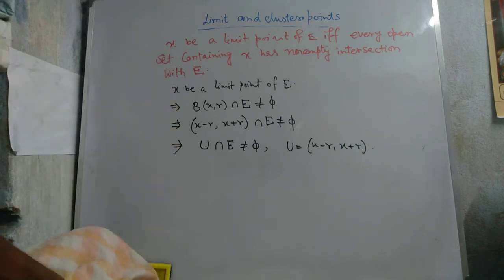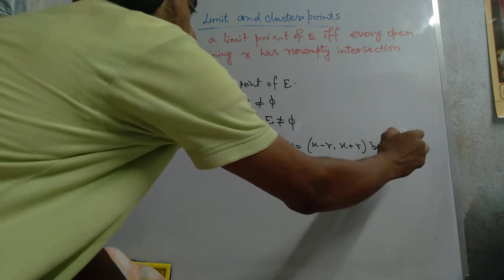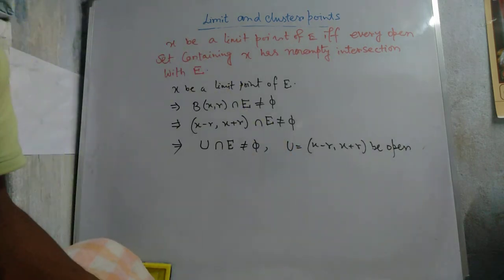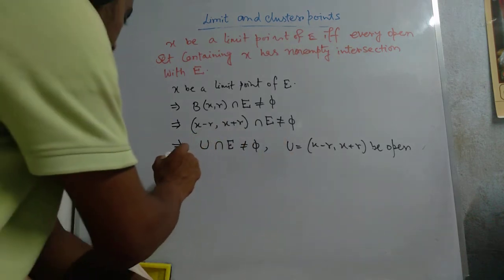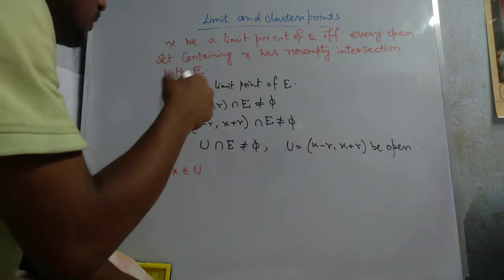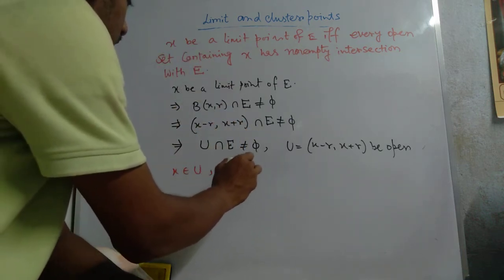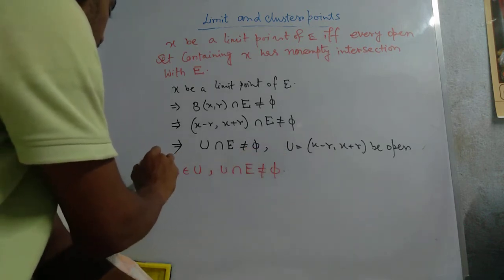That means U will be open. Next, every open set containing x, that means x in U, intersection E is not equal to empty set. This one is given.